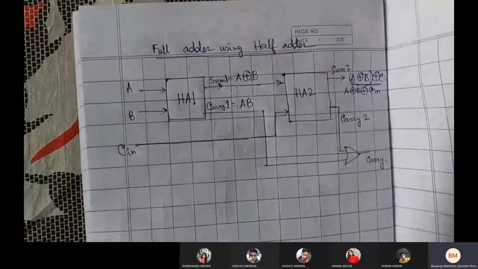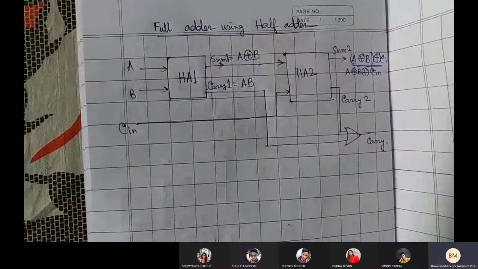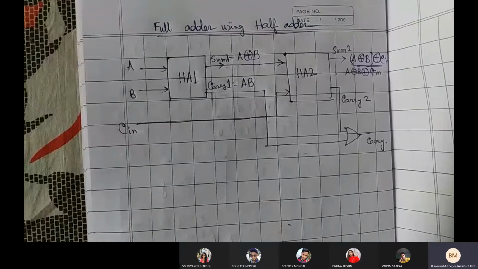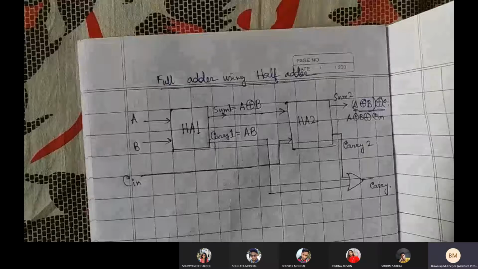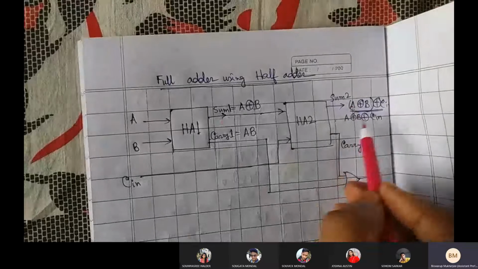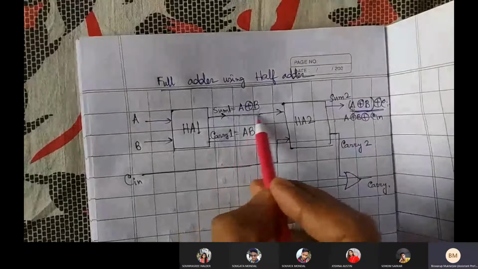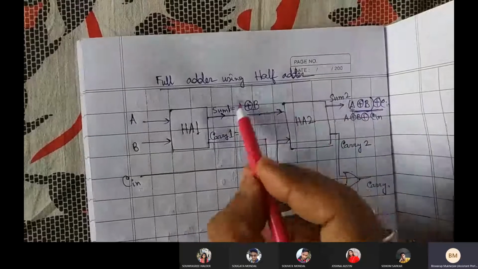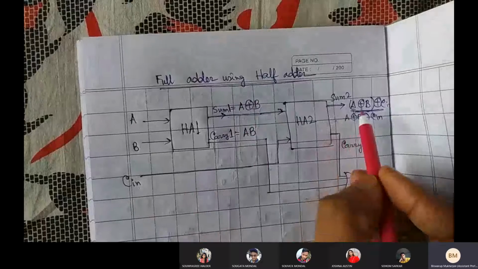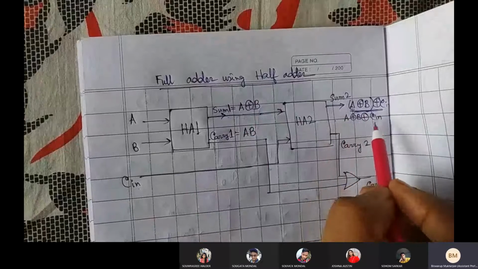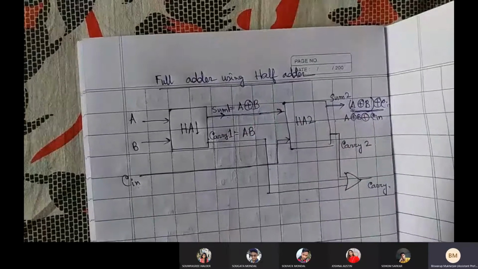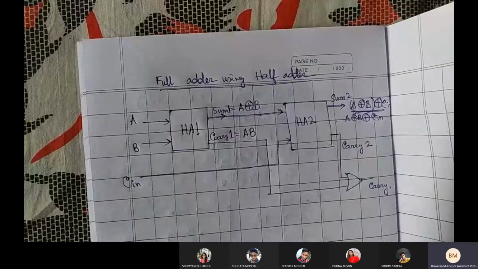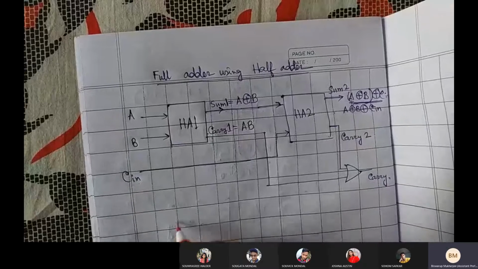Now let me find out what carry 2 is and then what the overall carry is. I think the sum is actually fine, because here the sum is A XOR B, and accordingly here the sum would be this value XOR C in, meaning A XOR B XOR C in. So that is all right. But what about the carry? Let us start with carry 2 first.